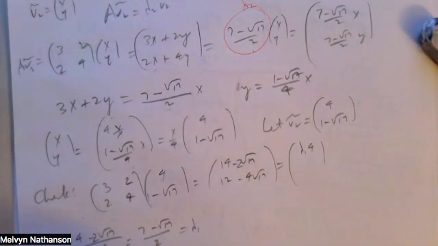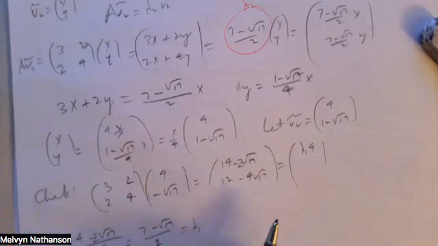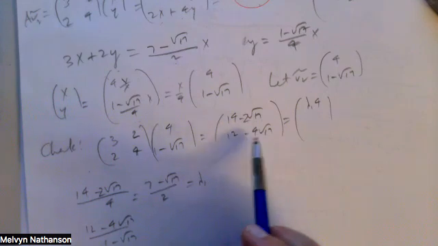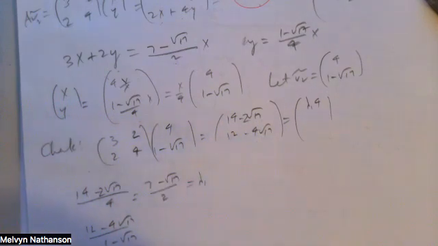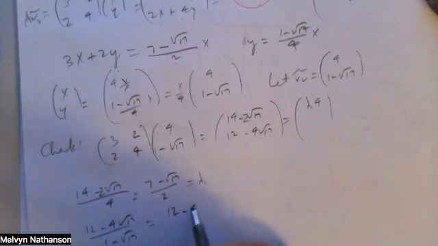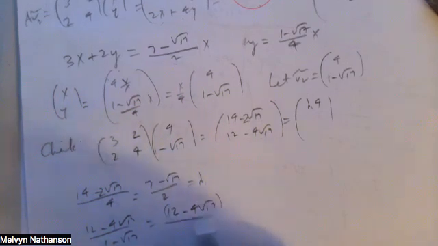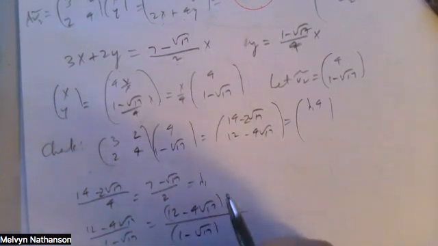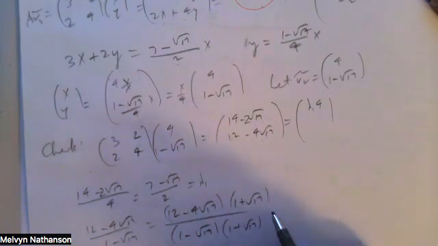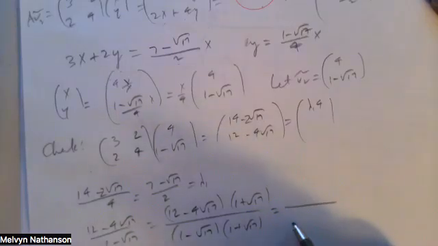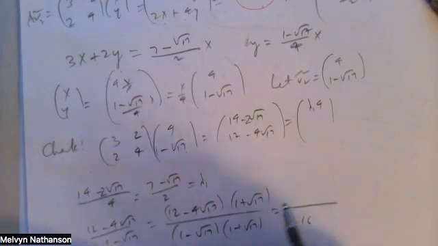12 minus 4 root 17 over 1 minus root 17. What is that? This is 12 minus 4 root 17, and I want this to be some multiple of 1 minus the square root of 17. So this is (12 minus 4 root 17) over (1 minus root 17). Multiply top and bottom by 1 plus root 17. In the denominator we get 1 minus 17, which is minus 16.